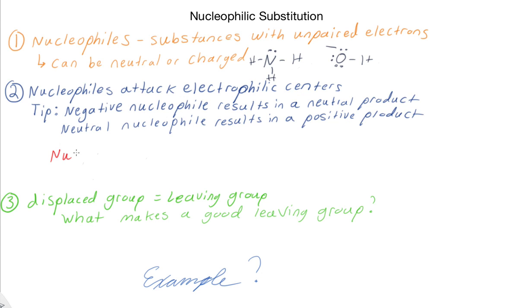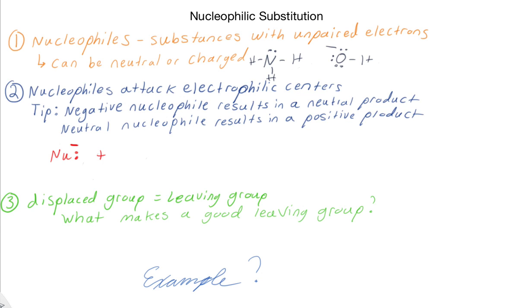Nu, here's our unpaired pair of electrons, and let's say it's negatively charged. We'll react it with the electrophilic center, and that will be our delta plus, and X is just our halogen, so it's our delta minus. And I should be color coding these so it makes it easier for you to understand.